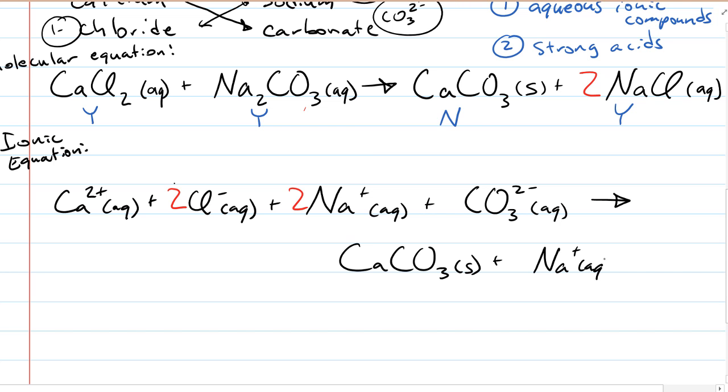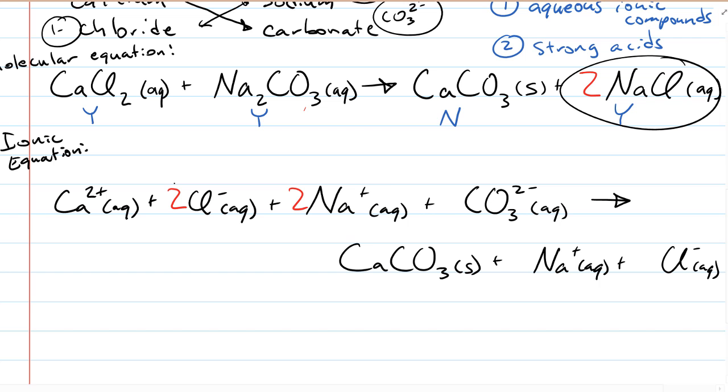And how many chloride ions are there? 2 chloride ions as well. So we put in a 2 here, we put in a 2 here. Again, that's because if we have 2 moles of sodium chloride, that means we have 2 moles of sodium ions and 2 moles of the chloride ions.